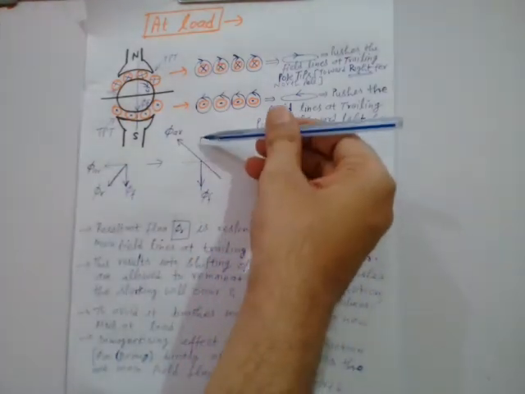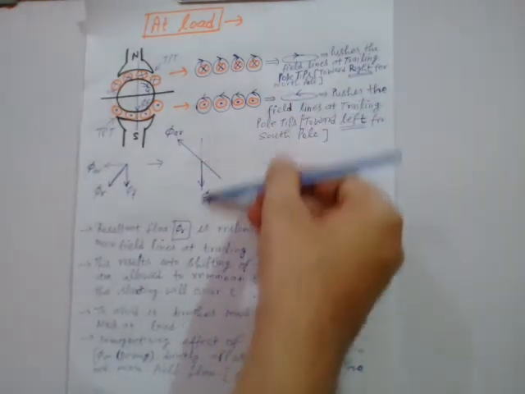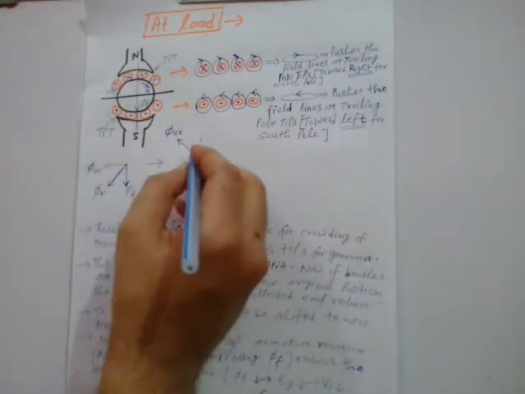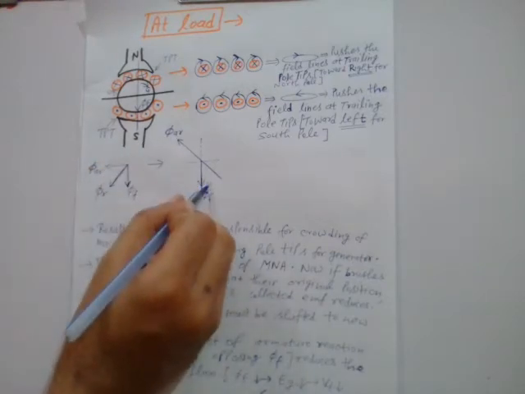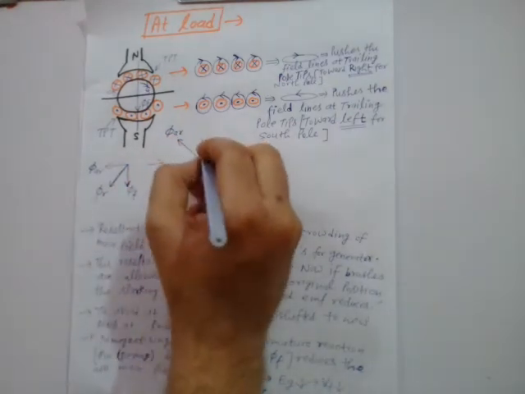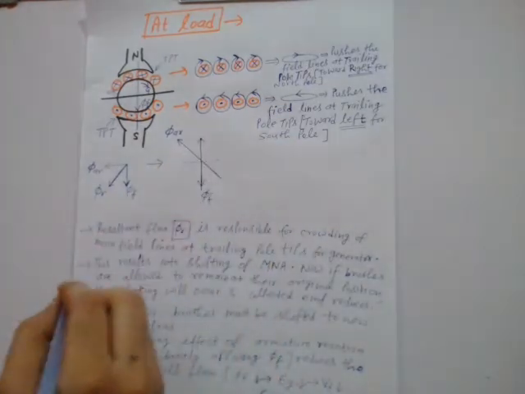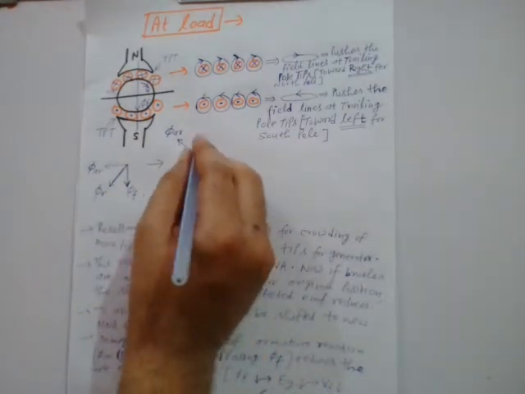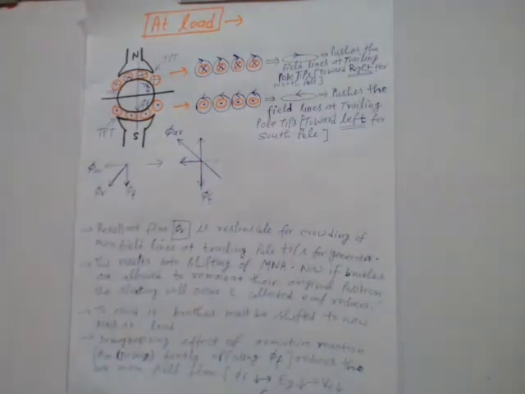Field flux is from north to south, that is vertically downwards, like this. So just analyze this. Due to this phi AR that you are watching here, you can resolve this phi AR into two components. One component will be vertically upward like this, and one component will be in the horizontal direction like this.